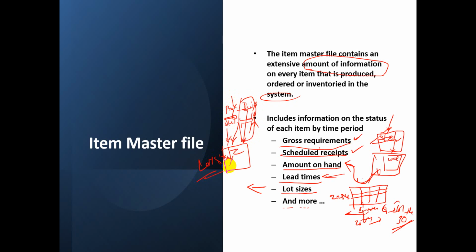Unless they have the required lot numbers, they won't take the order from the customer. So this is how lot size is very important, and it is also important to decide whether to procure that many materials and keep the inventory. Example, we require bolts of 20, but the lot size is 100.